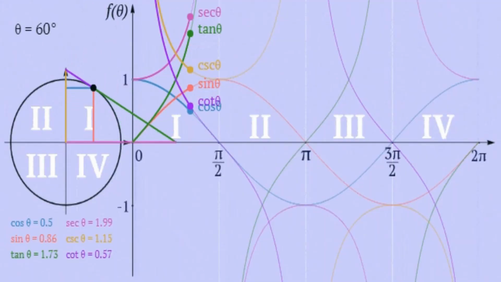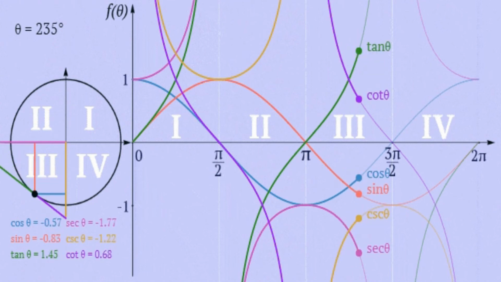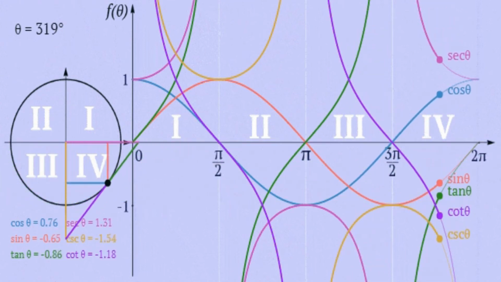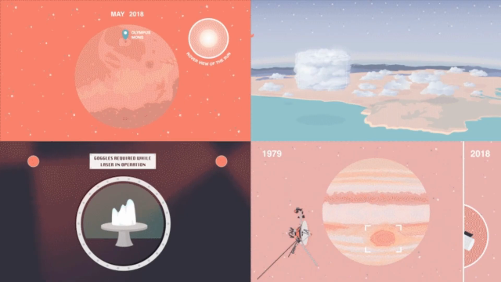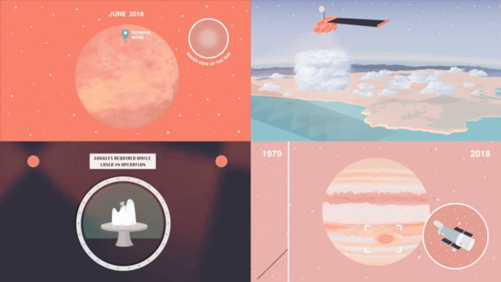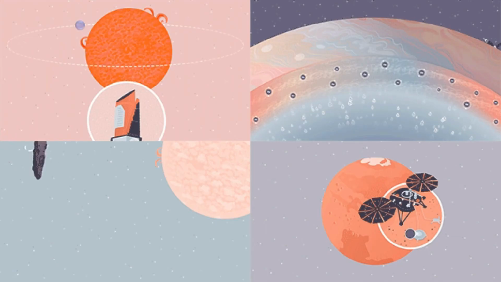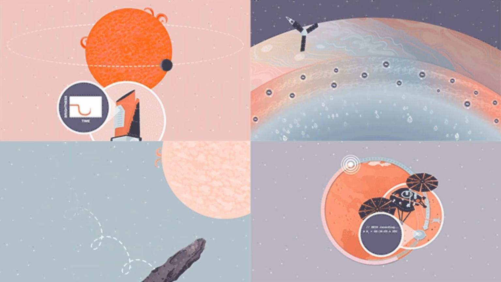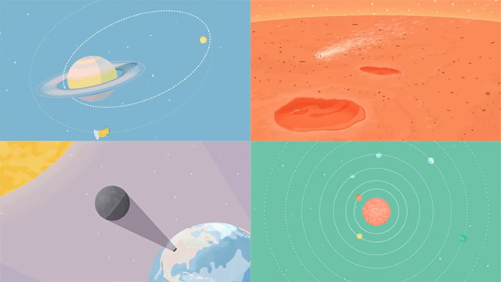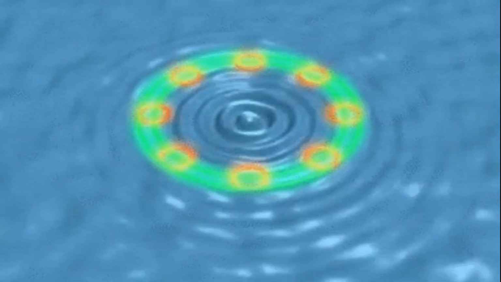Pi is incredibly useful because it relates to the circle and so is found in many formulae in fields such as trigonometry and geometry, which are essential to sectors like architecture and robotics, among others. Pi also has countless applications beyond geometry and trigonometry. For example, it can help scientists to understand objects and phenomena in nature which contain circular shapes, such as the orbit of a planet or the concentric waves created by a stone falling in a pond.